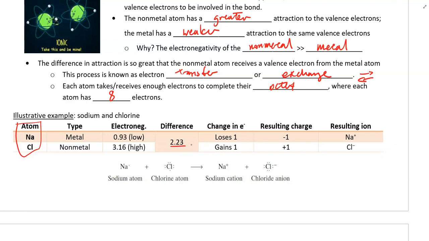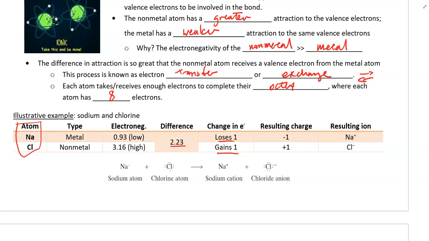What exactly is involved with the ionic bond? Because the electronegativity of chlorine is so much higher, it's going to tug on the electron that sodium is contributing much, much more than sodium will. As a result, chlorine takes that electron, whereas sodium gives up that electron. So we're not magically gaining or losing an electron from thin air; they're taking it from one another.